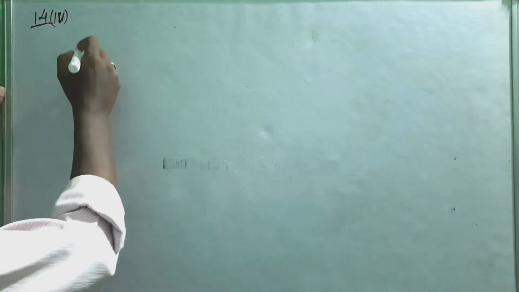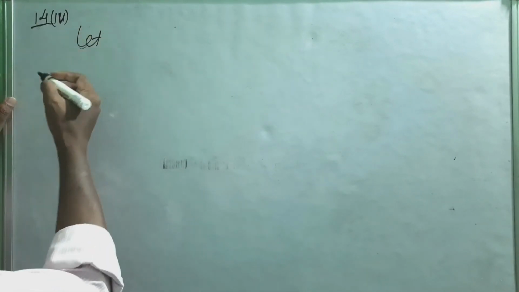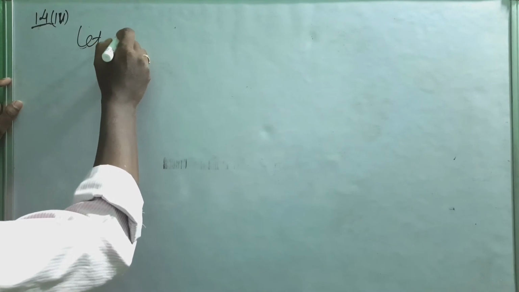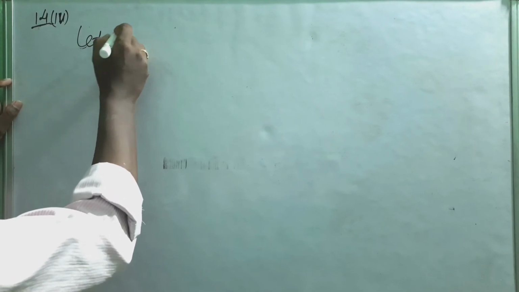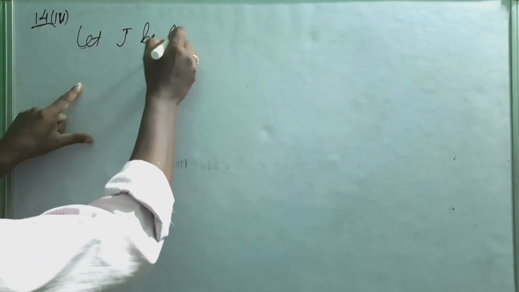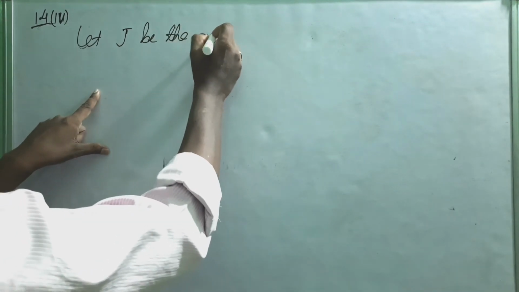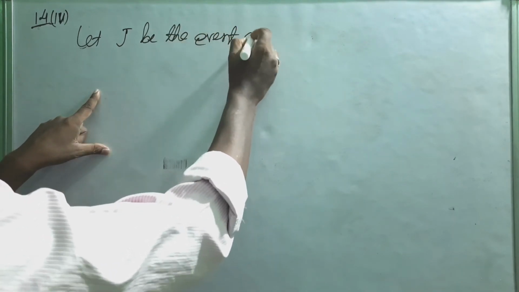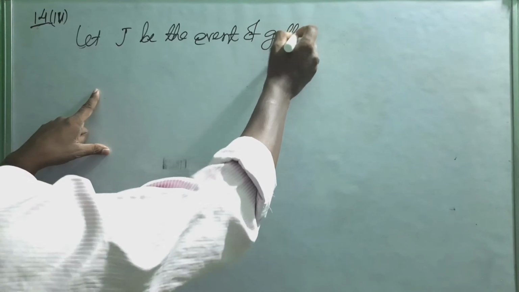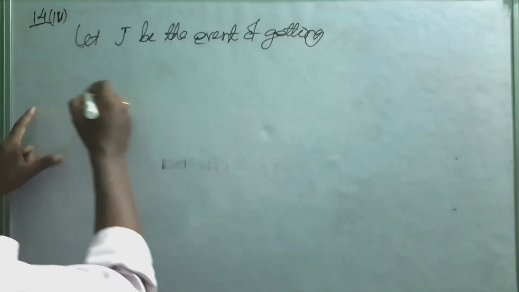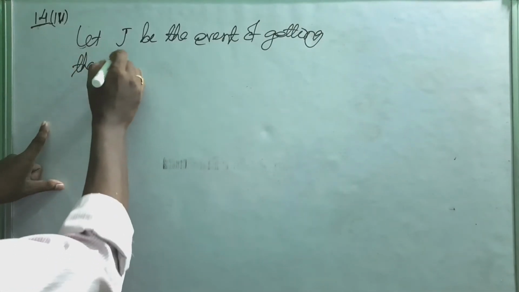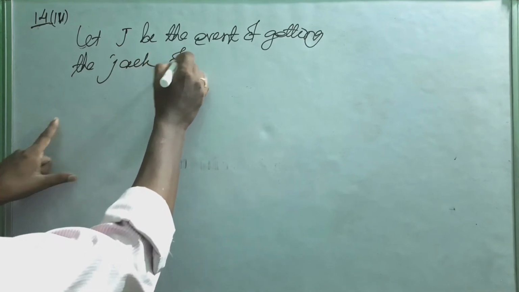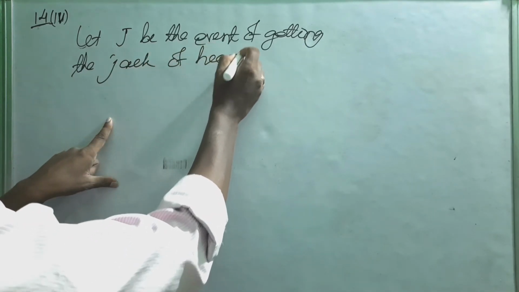So you write down here, let J be the event of getting the jack of hearts.